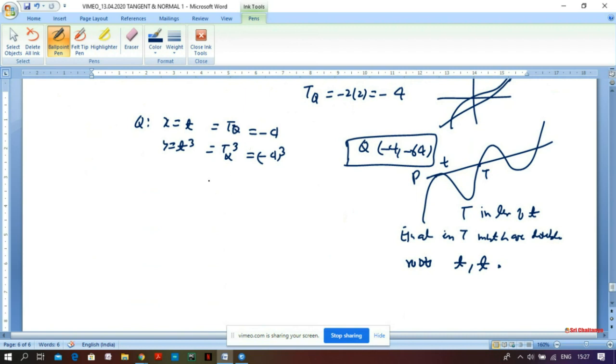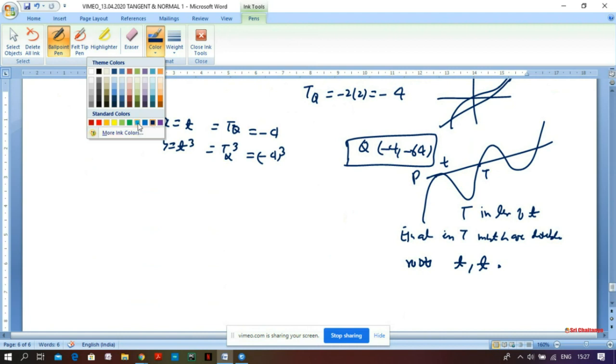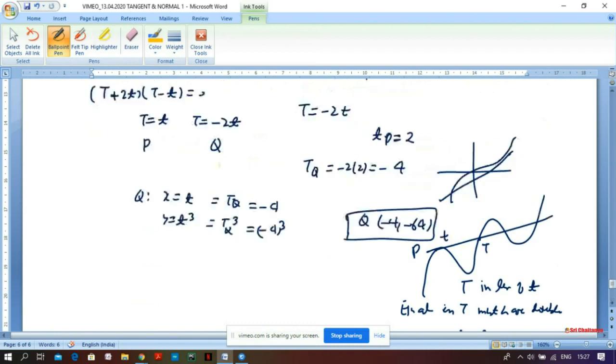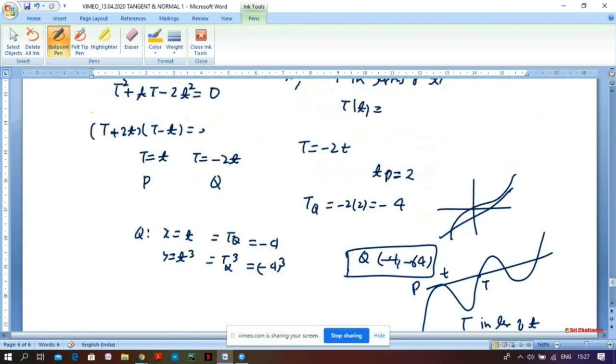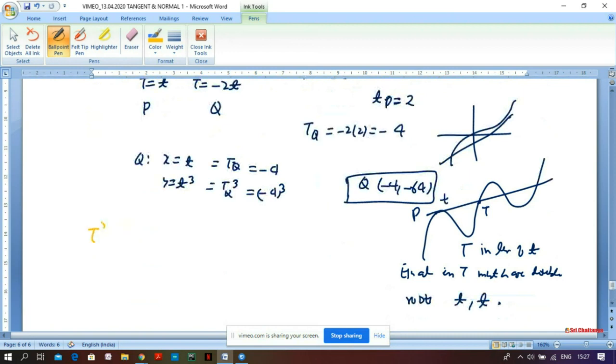Okay, same observation. Let me change the color one more time. The observation is the same as last time, that we need not solve this again. We have T squared plus tT minus 2t squared is 0. Now, if you remember, this curve is this, so this kind of thing is there.